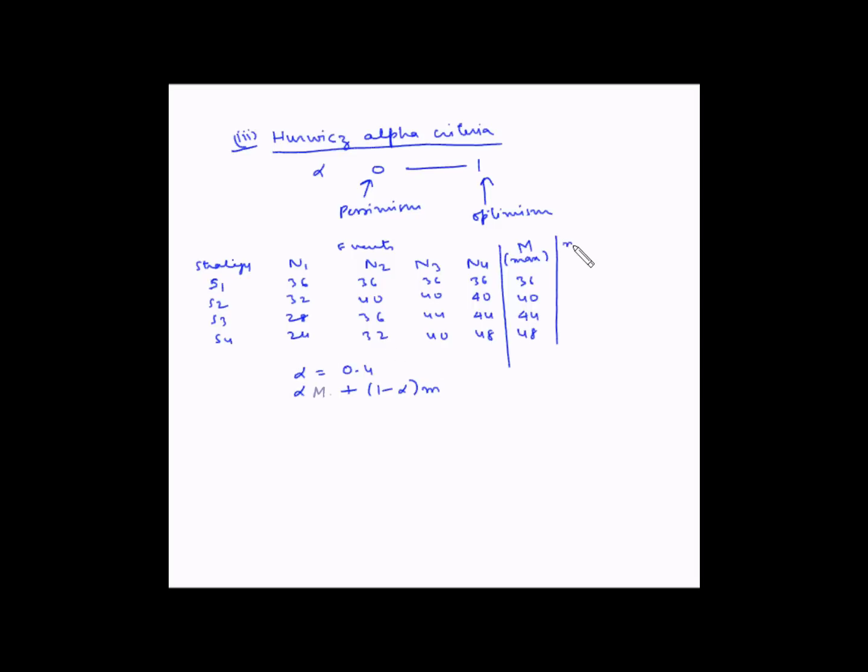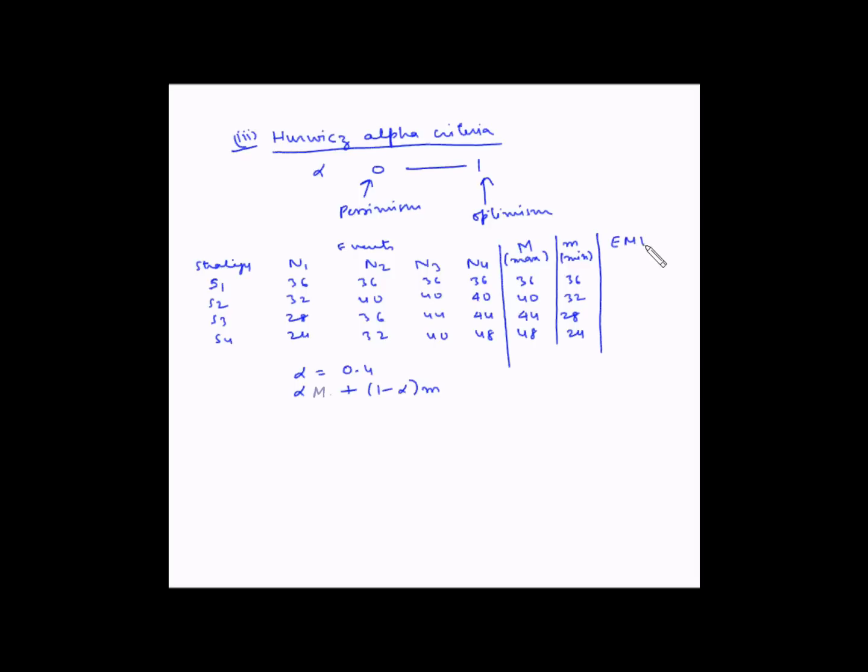Let's calculate small m, that is minimum payoffs. So for S1 it is 36, S2 is 32, S3 is 28, and S4 is 24.